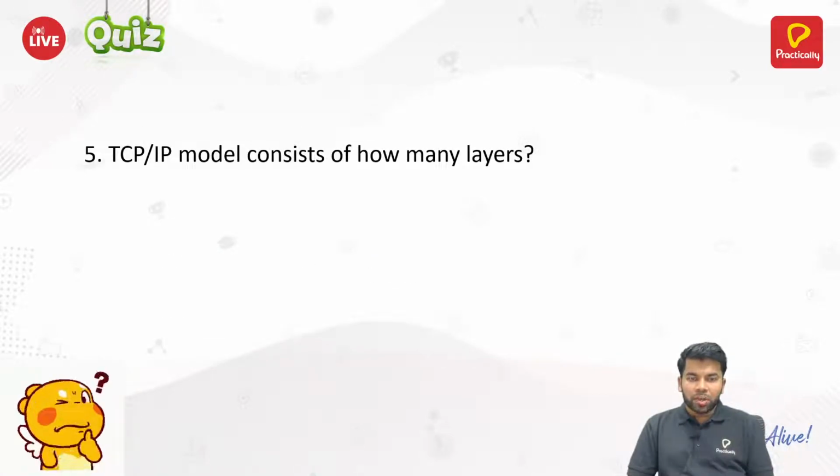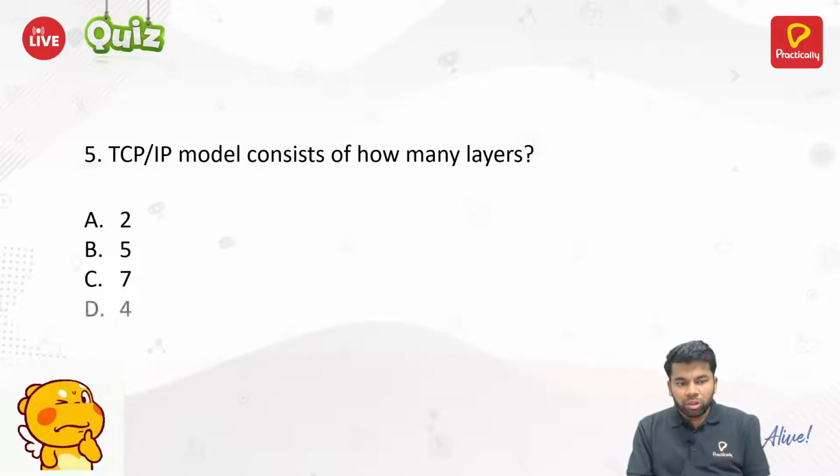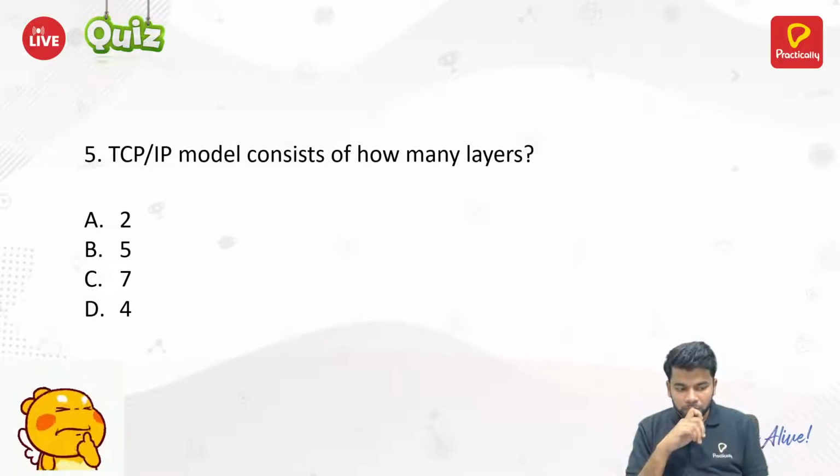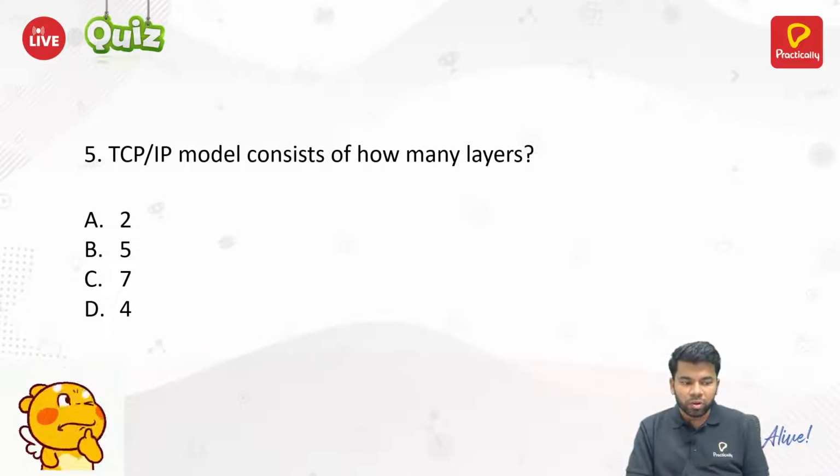Now, the TCP IP model consists of how many layers? 2, 5, 7 or 4?